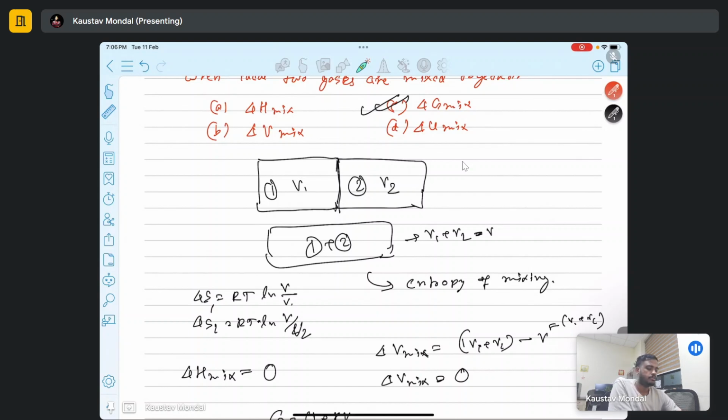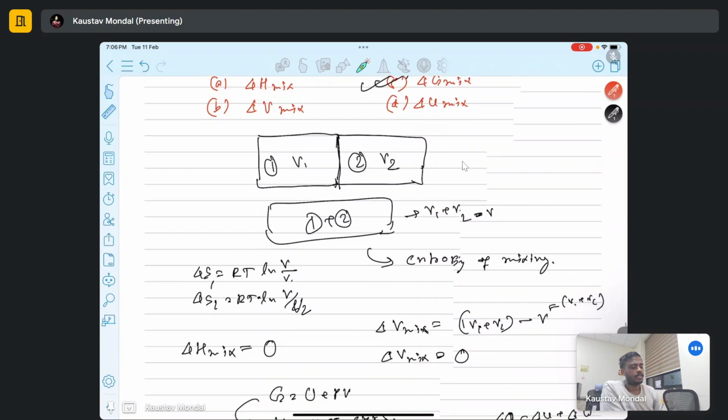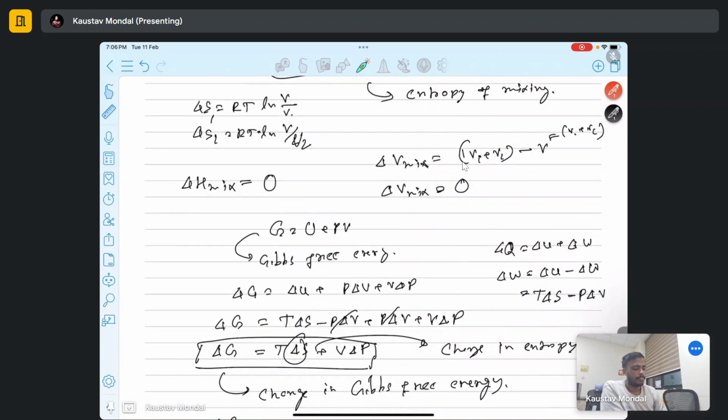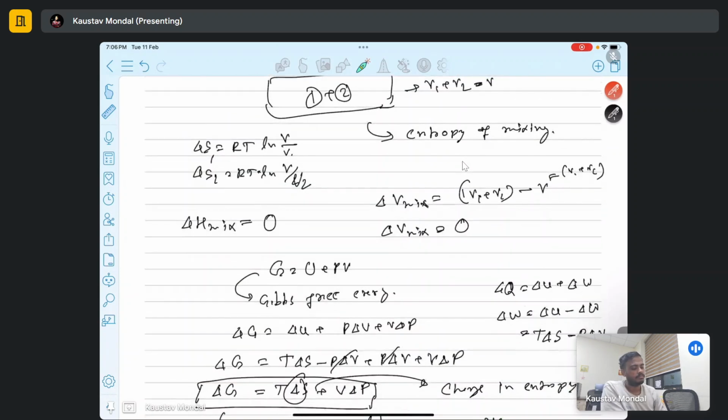But here we have considered ideal gases, with no intermolecular interactions, so delta H mix simply becomes 0. Similarly, delta V mix will also be 0, because the initial and final volumes are equal.